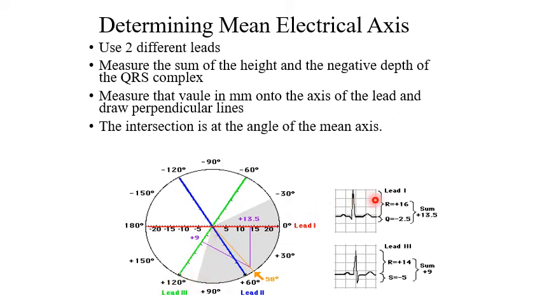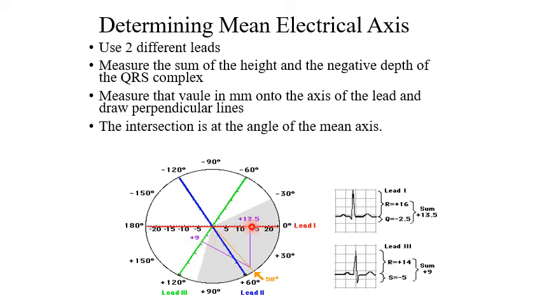For lead 1 we have a sum of 13.5, so we put a point at 13.5 small squares. On lead 3 we have positive 9, so we count 9 squares on the positive side, of course, and draw a point here and a point here.